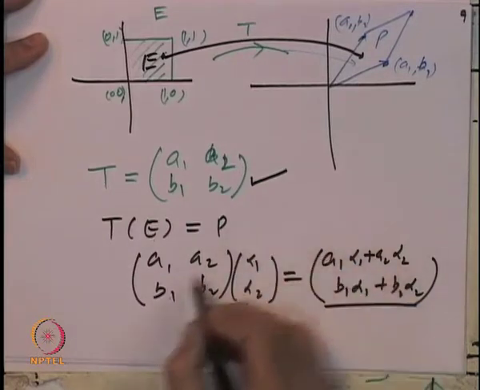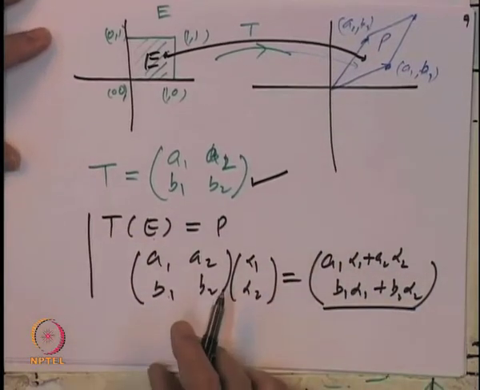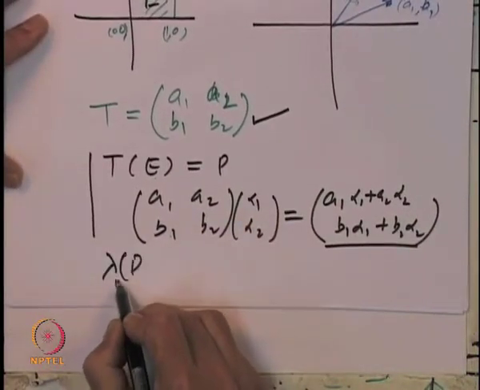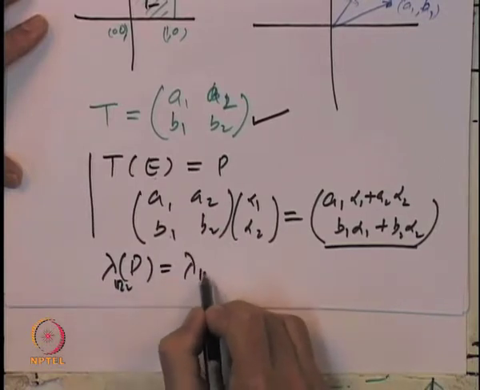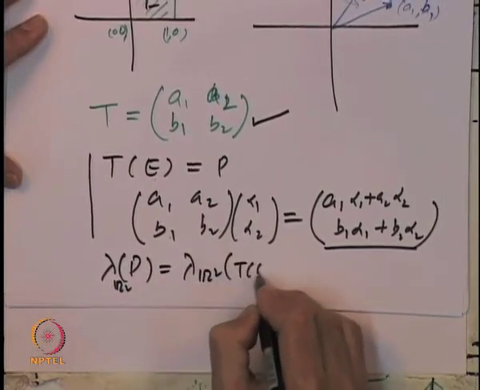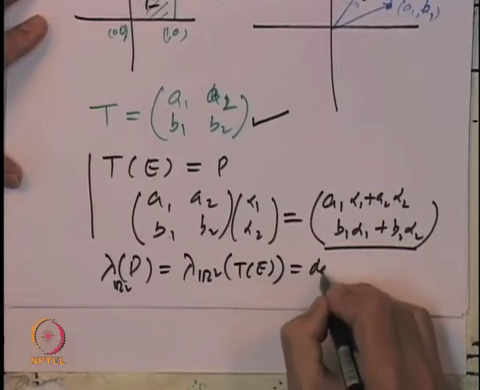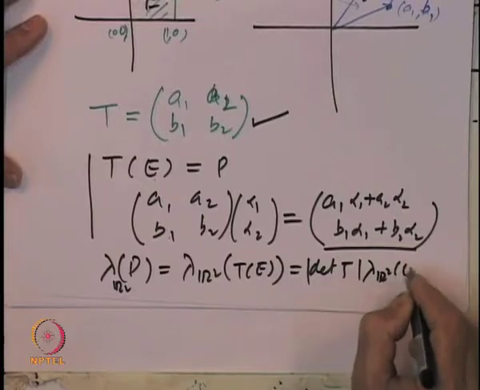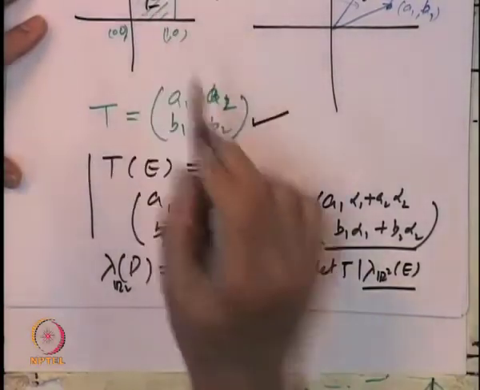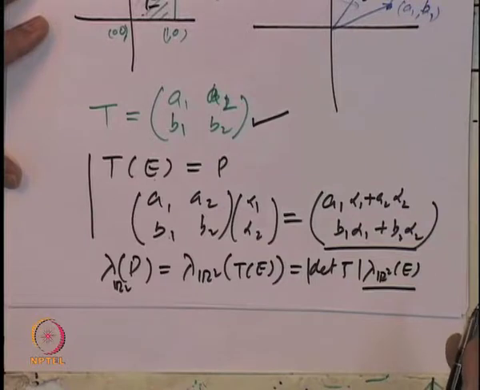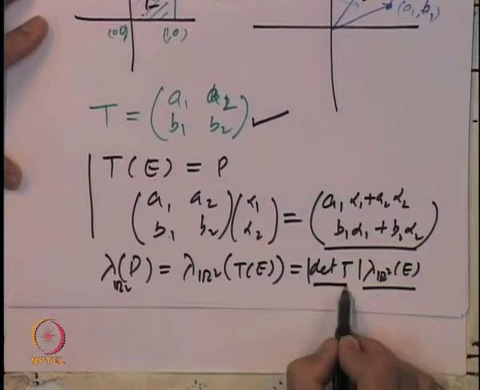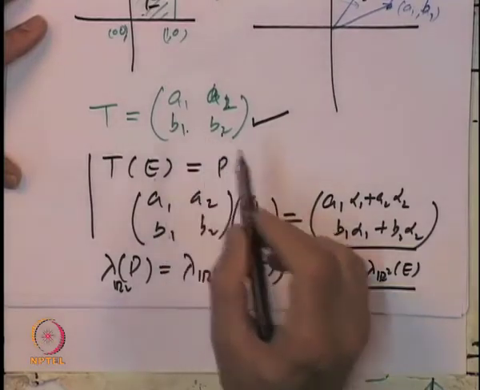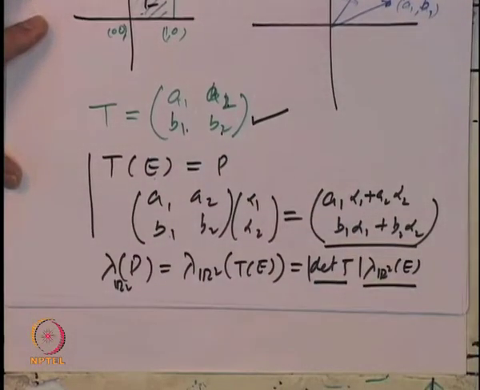this will imply that the Lebesgue measure of P is the same as the Lebesgue measure in the plane of T of E, and that is equal to the absolute value of the determinant of T times the Lebesgue measure of E. But the Lebesgue measure of E, that is the area of the square, is equal to 1, and the determinant of T is a1 b2 minus a2 b1.